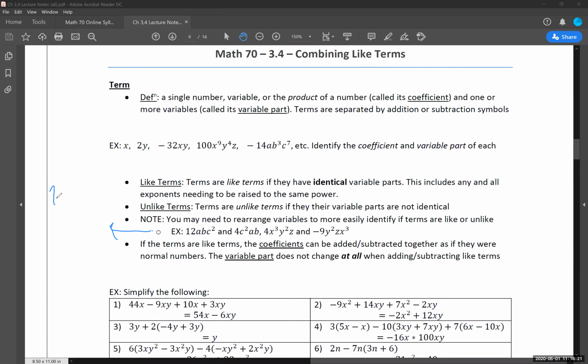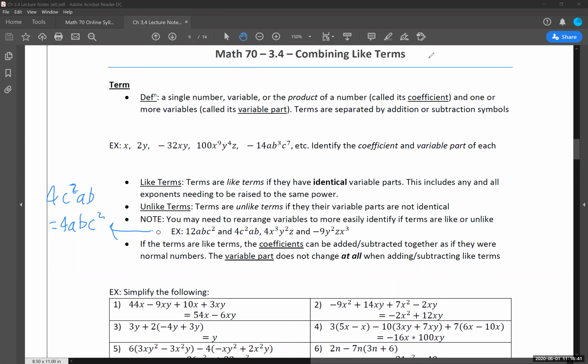So this 4c squared ab, I could actually rewrite this as 4ab c squared. Oh, good Lord, I don't like this pen by comparison to the other one.